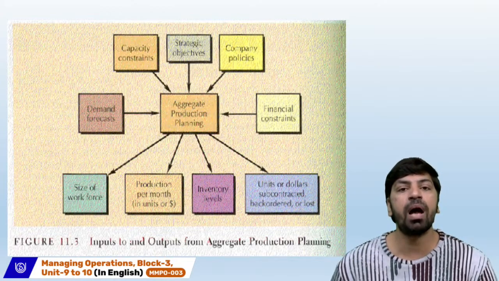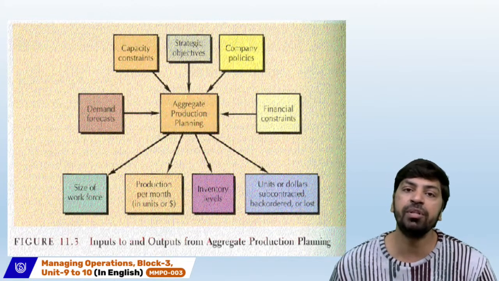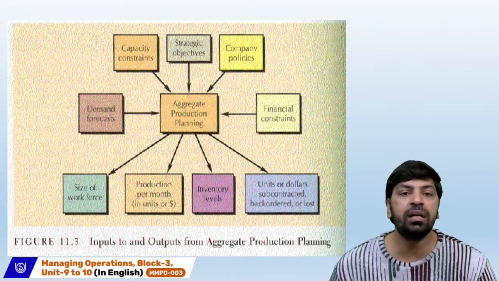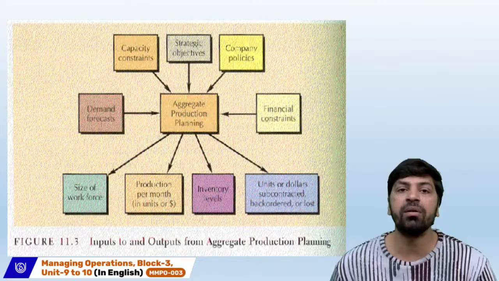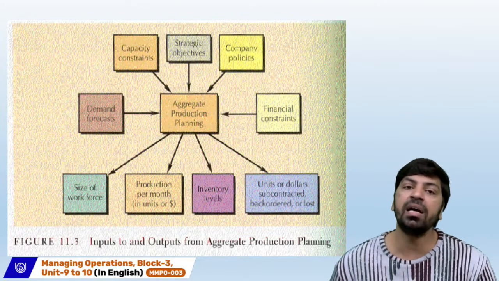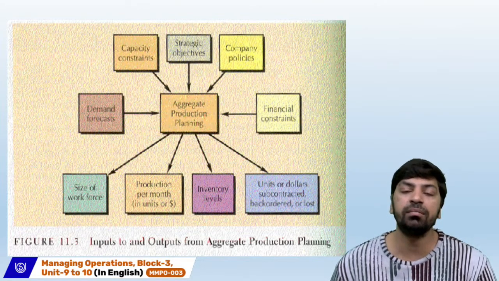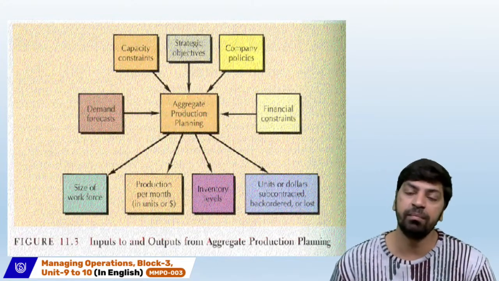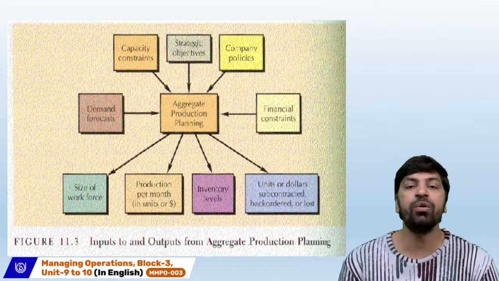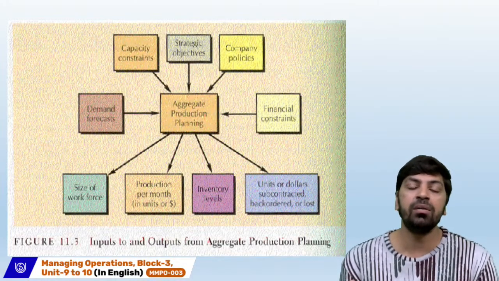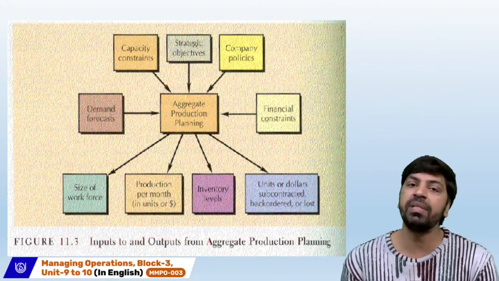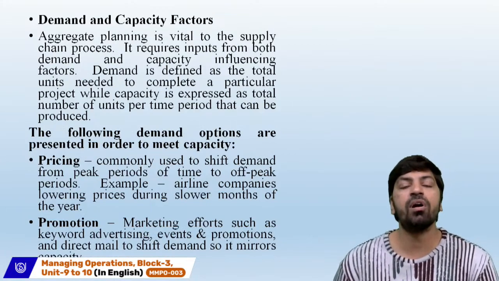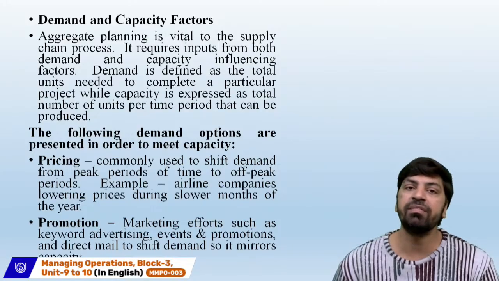We can talk about the demand opportunities, technical complexities, or any other inputs and outputs which come up from the aggregate production planning. Let's have an overview with the main constraints, that would be the capacity and the demand. So let's talk about the demand and capacity factors.